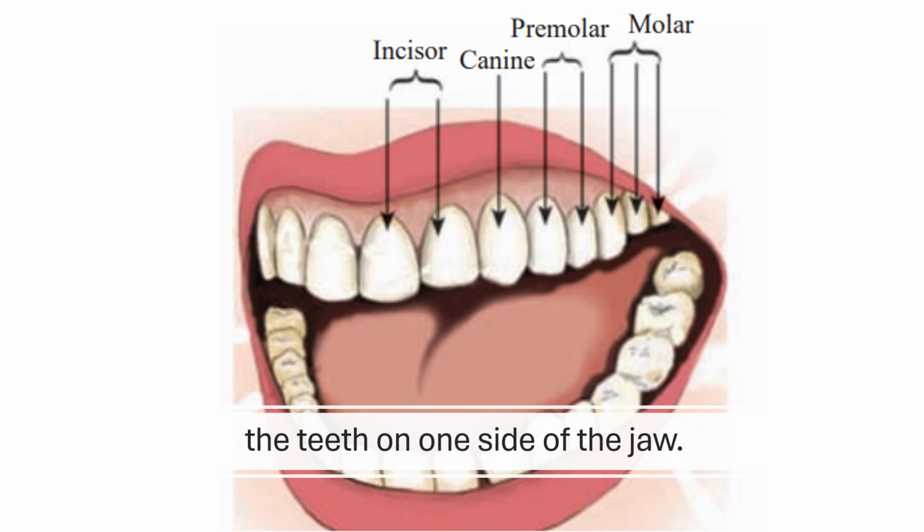And this is what I meant by 2 over 2. One side has 2 incisors, 1 canine, 2 premolars, and 3 molars. And on the other side is the same pattern. That's why it is 2 over 2. Anyway, this is the teeth on one side of the jaw.